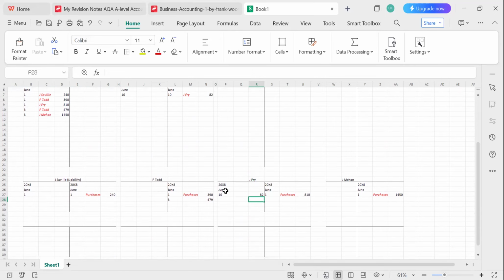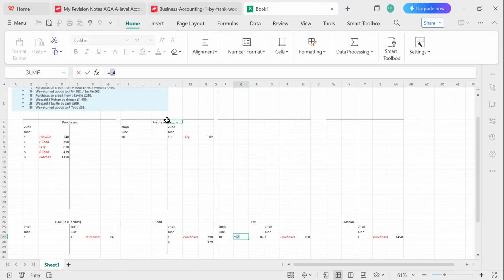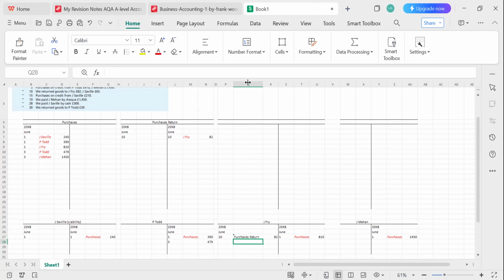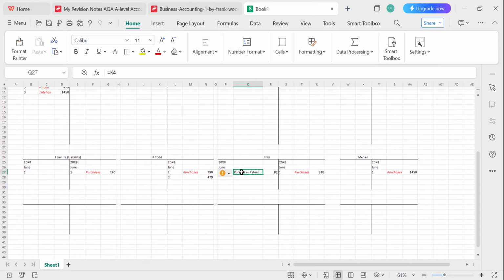All right. So now look at that. When we purchased from J Fry, my liability was increasing, and when I returned goods, my liability decreased. Okay. So purchase return would be the account that we'll be making against it.